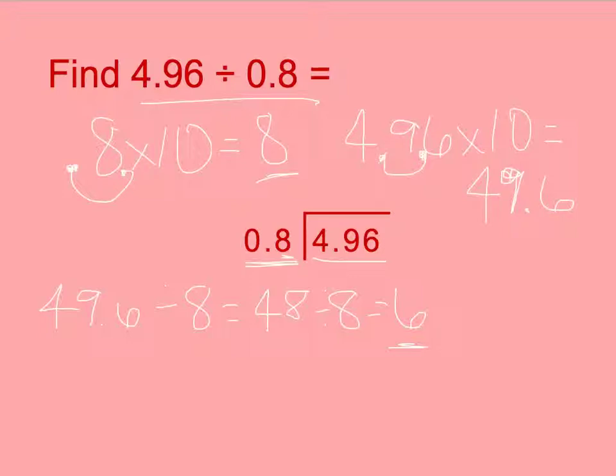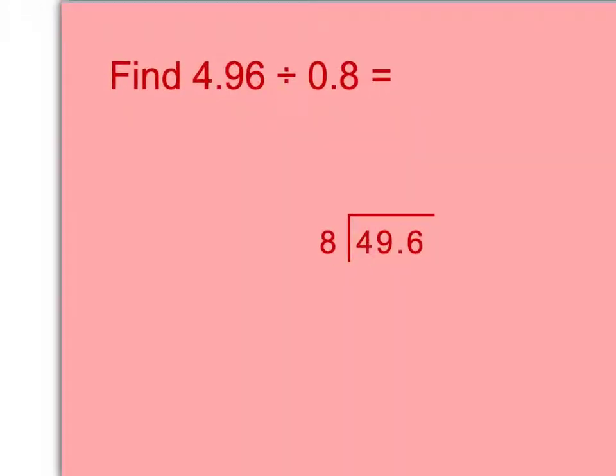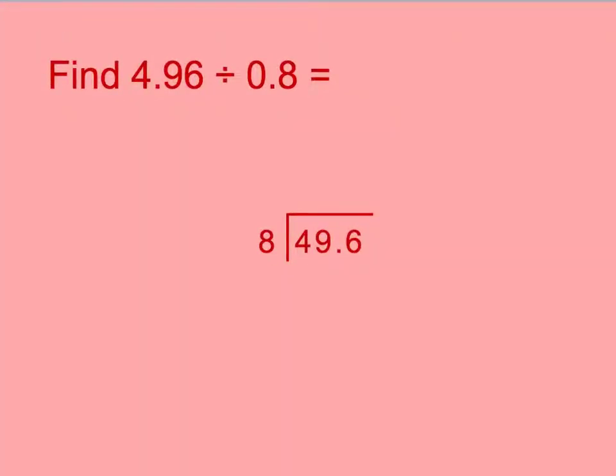Now let's actually work the problem out and see what our final answer is. Here we have our updated numbers. Our decimal, which started out as 8 tenths, has been changed into a whole number, and our dividend has also been adjusted. Now we're just going to follow the rule we would when we had a decimal dividend.